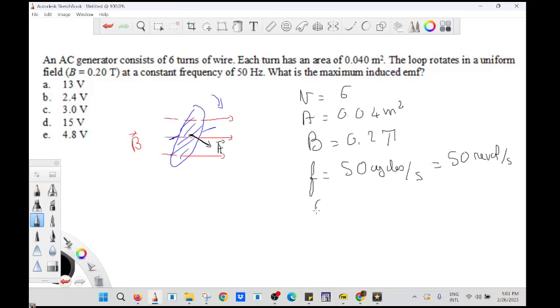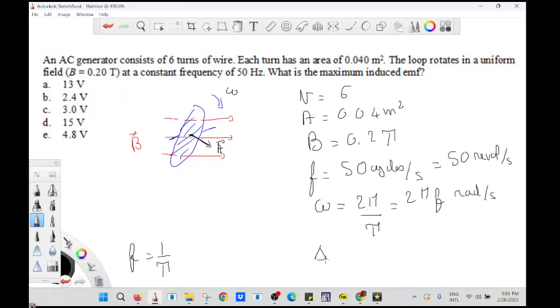So the rotation speed, how fast it's going to spin, is 2 pi over the time for 1 revolution, which is the same thing as 2 pi times the frequency. Frequency is 1 over the period. This is the time for 1 cycle. This is the number of cycles per second. That will be in rad per second. So it's like revolutions per second, except for 1 revolution I'm using 2 pi. So the unit is rad, but it's really how fast it's going to spin.